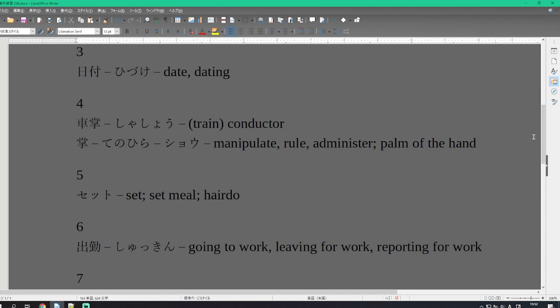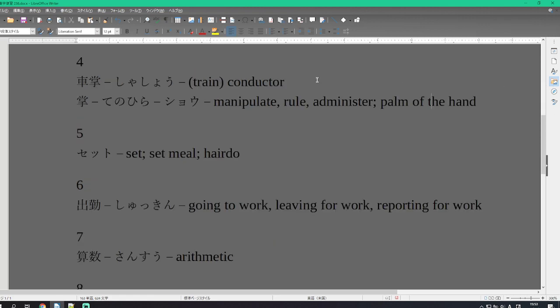Small roof with a law saying what can go from hand to mouth. Manipulate, rule, or administer. Sha for our train, and sho for administer or manipulator. Train conductor, shasho.